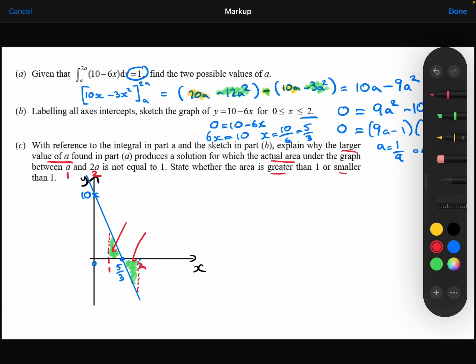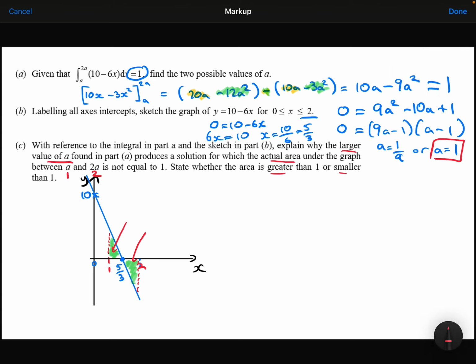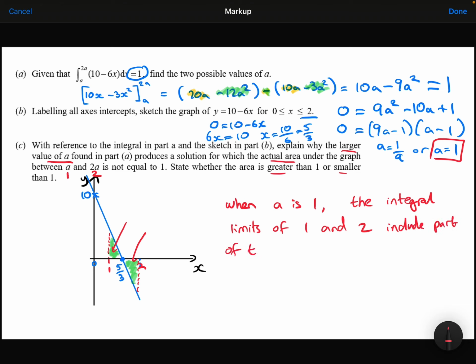So, to explain this, I'm going to say that when a is 1, the integral limits of 1 and 2 include part of the graph that is below the x-axis.